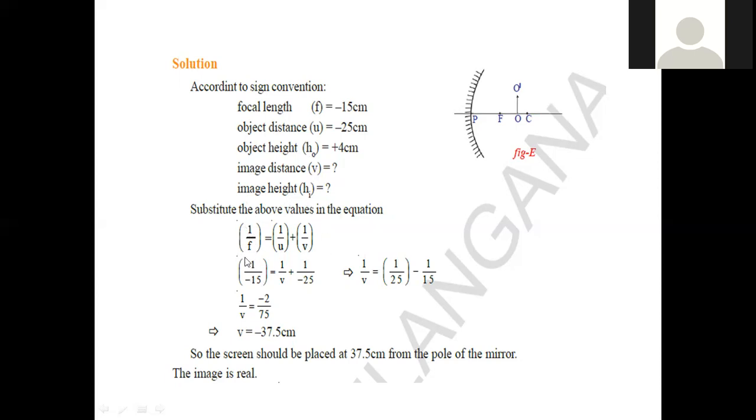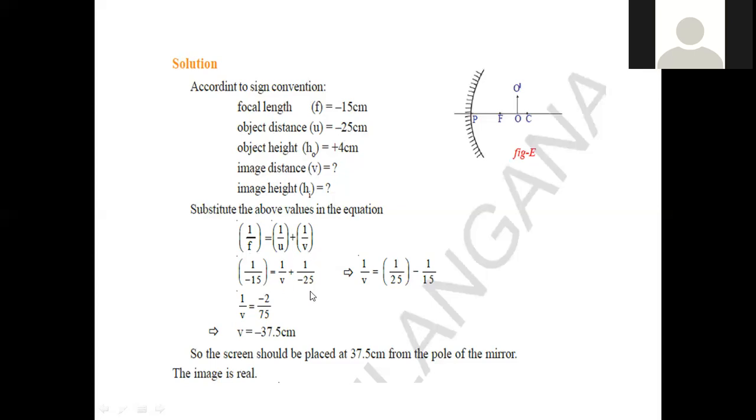The final result is 1 by f is equal to 1 by u plus 1 by v. 1 by f is the focal length term, and we already know that value: 1 by minus 15 is equal to 1 by u, with u known as minus 25 centimeters, so 1 by minus 25, plus 1 by v, which is to be predicted.